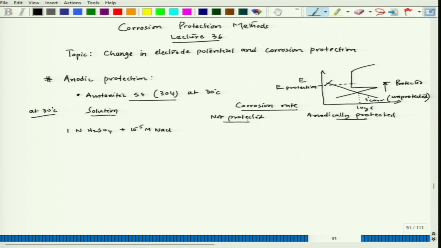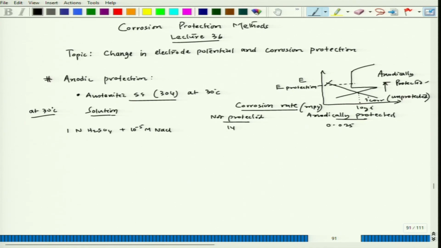That is the difference between not protected and anodically protected. So, this is anodically protected and this is unprotected or not protected. Now, that time its corrosion rate, which is basically in MPY, is 14 and here it is 0.025.